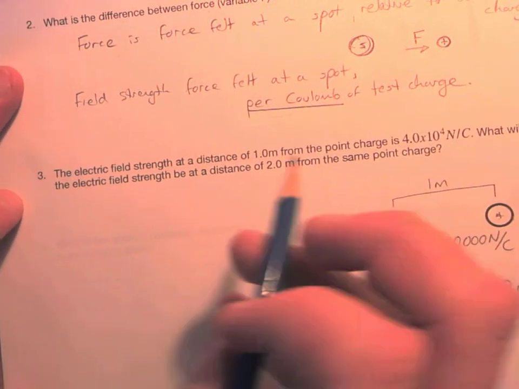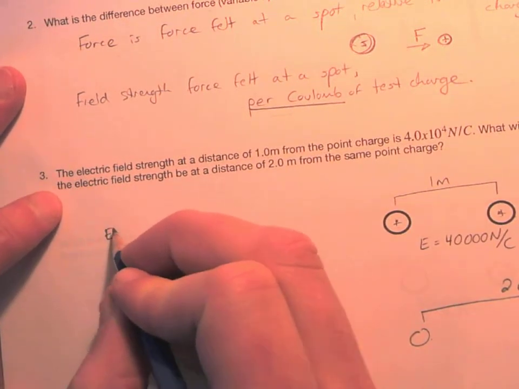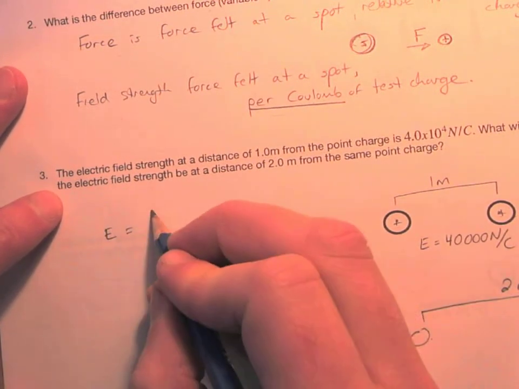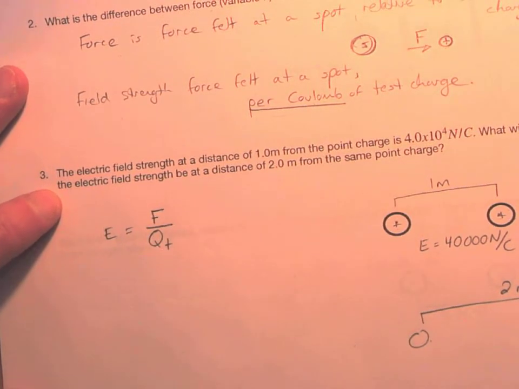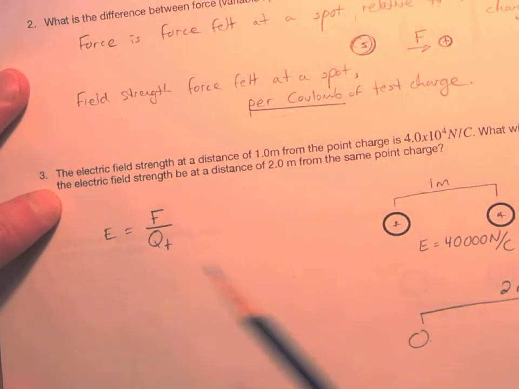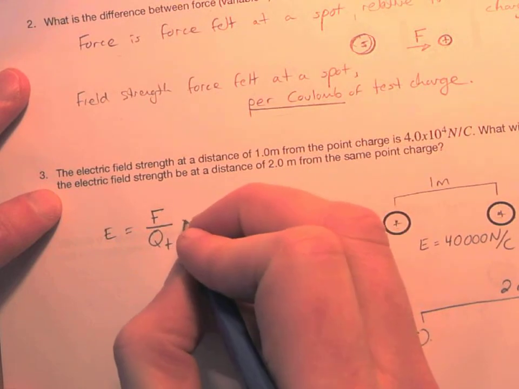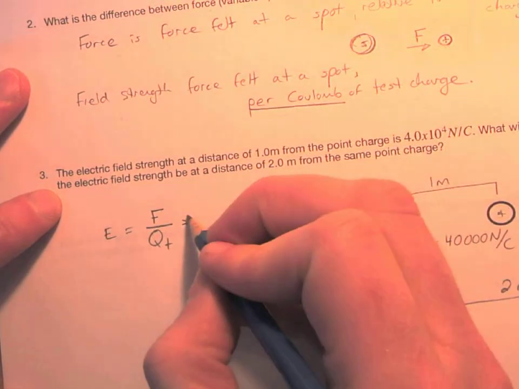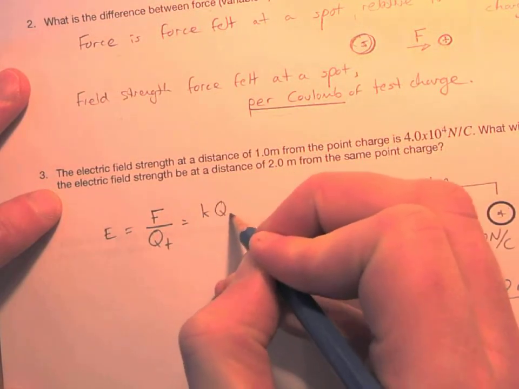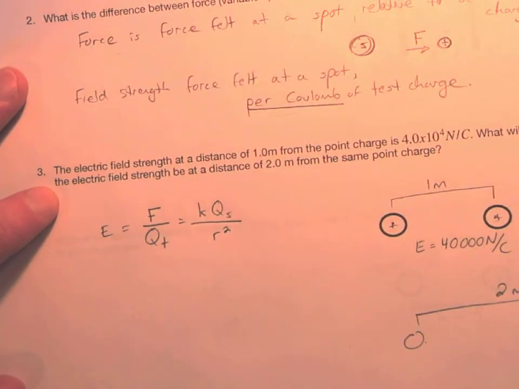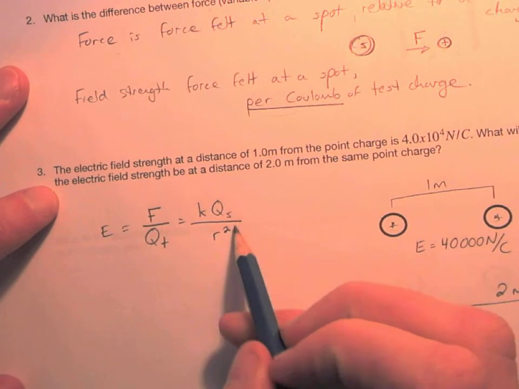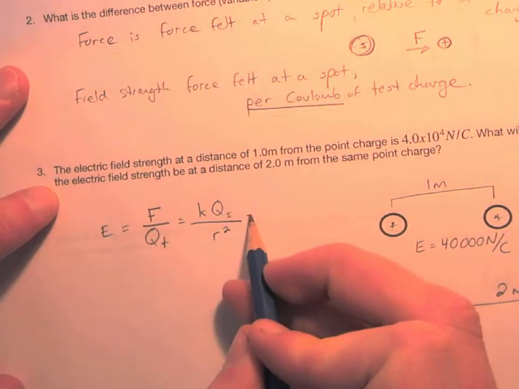So let's try to find this. We're going to try to find E, which is electric field strength, which we know is force over test charge. We don't have a force or a test charge value, but we also know that it can be K source charge divided by R squared. Alright, so this is the electric field value.